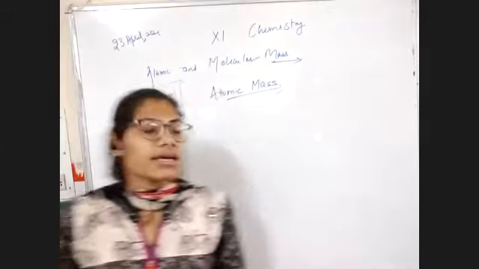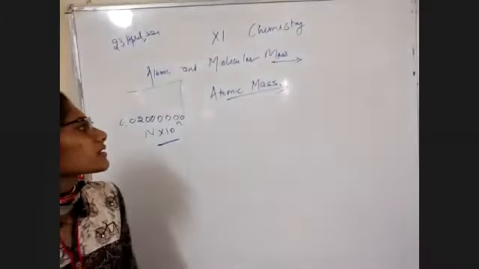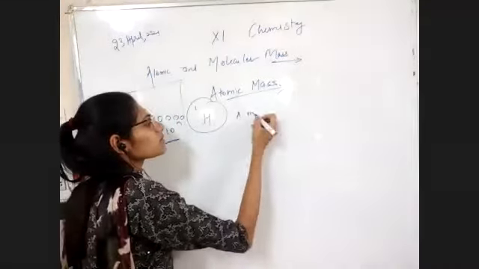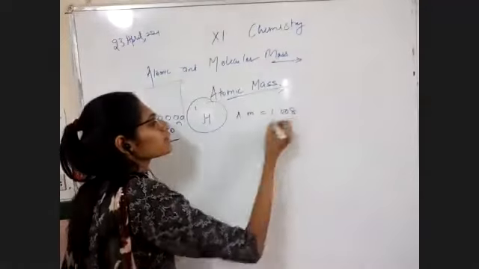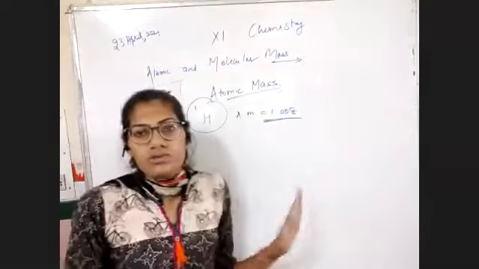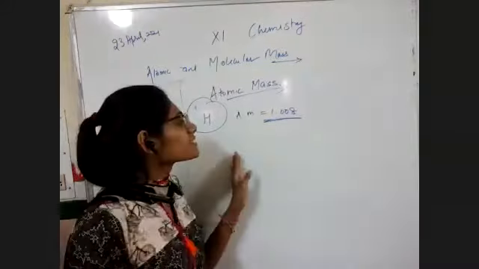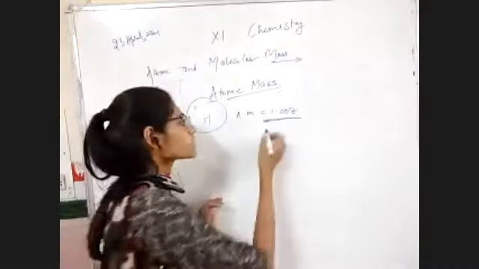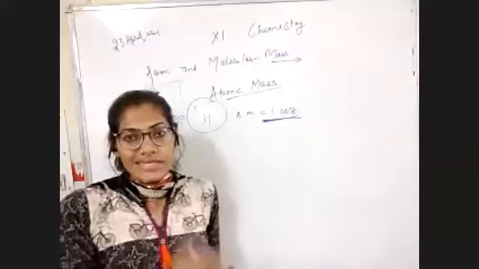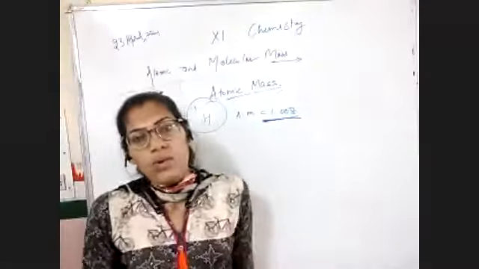I repeat, atomic mass equal to 1.008, which is the basic mass of hydrogen, was used as the reference or standard atom. Hydrogen was considered the standard atom or reference atom, having atomic mass 1.008, and with respect to this atomic mass we considered all other atomic masses.